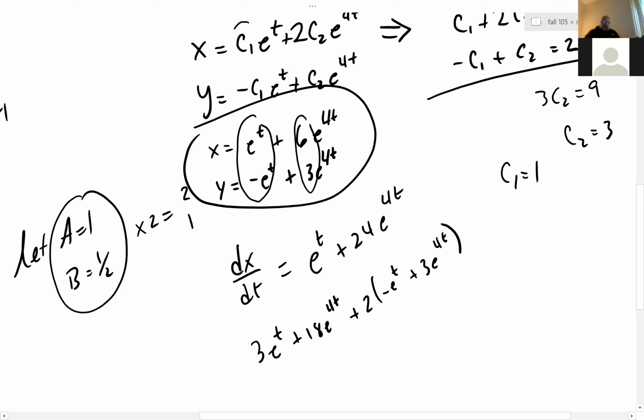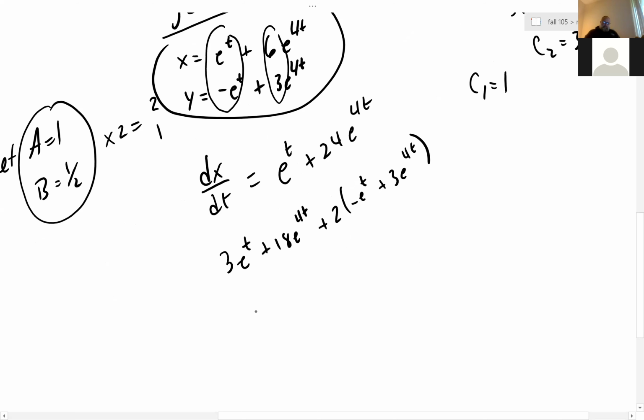And so if you do that, lo and behold, you will get 3 e to the t minus 2 e to the t plus 18 plus 6 is e to the t plus 24 e to the 4t.